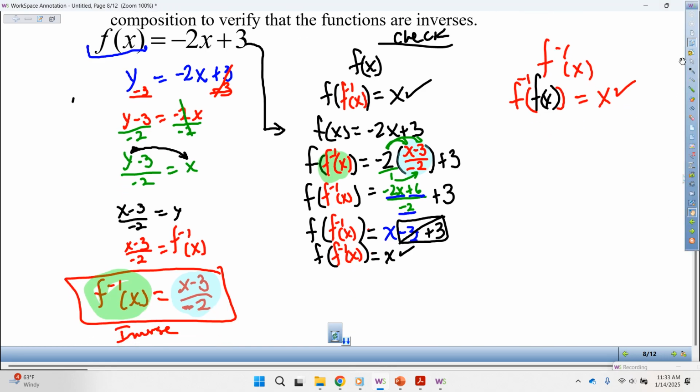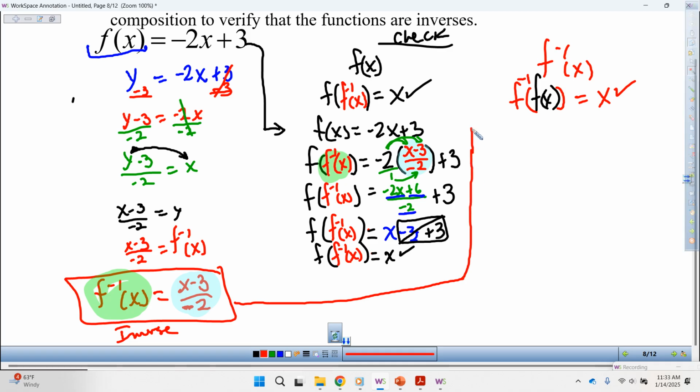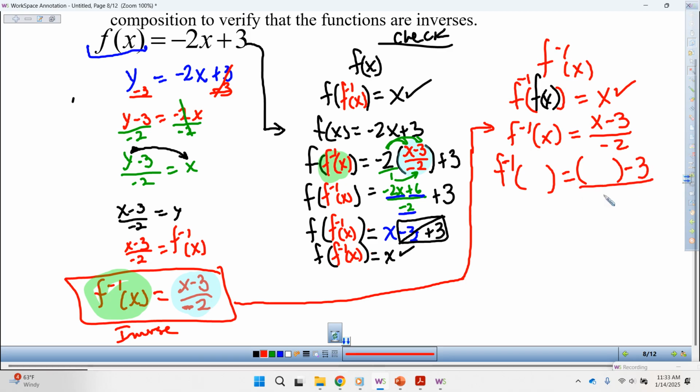All right. Next, draw an arrow so you know where you're getting this from. The next step is getting the inverse. Bring the inverse over here, and we're going to write f inverse of x equals x minus 3 over negative 2. I'm going to rewrite it again, but without the x's: f inverse, the x, just put a parenthesis, minus 3 over negative 2.